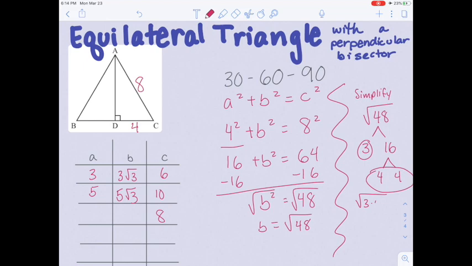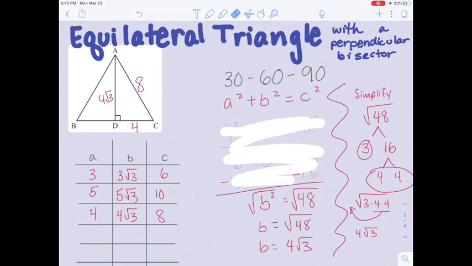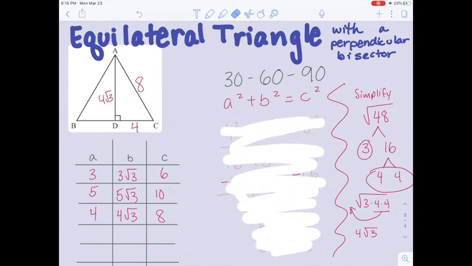So we can say 3 times 4 times 4, the pair of 4's leaving us with a 3 inside. You totally could do it the long way. As long as you're getting 4 radical 3 at the end, we're doing it correctly. So we knew that A was 4, and we see that B, that other side, is going to be 4 radical 3.